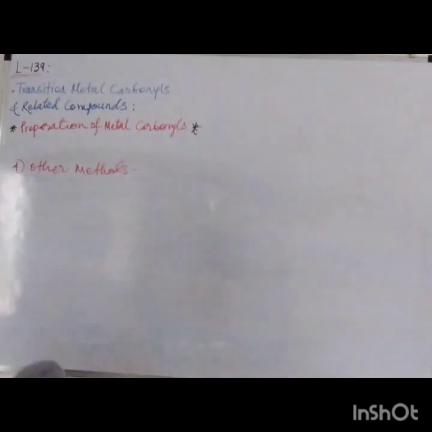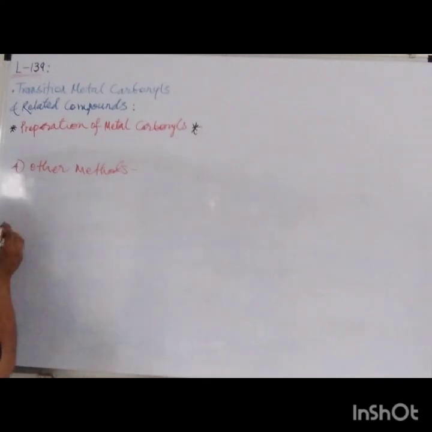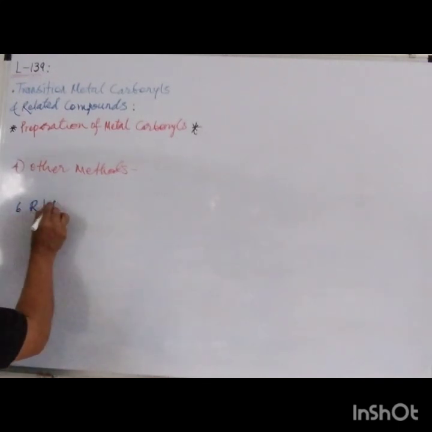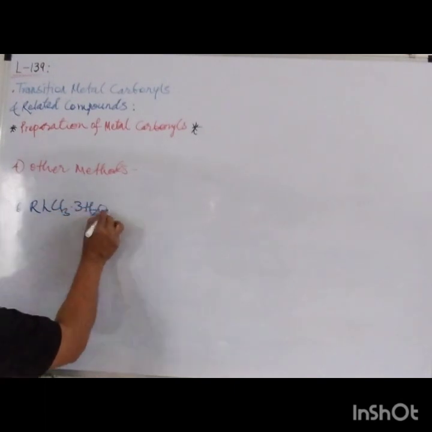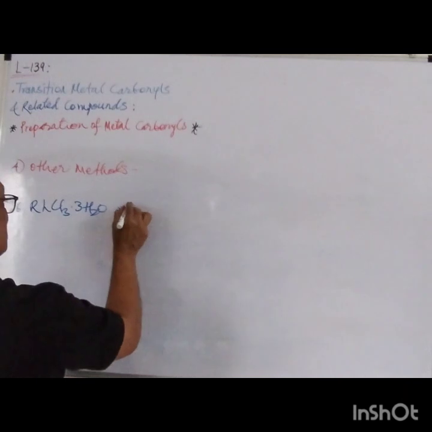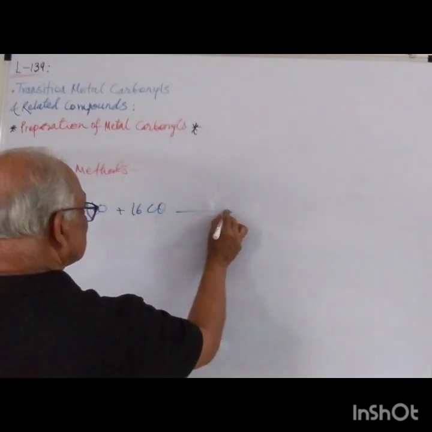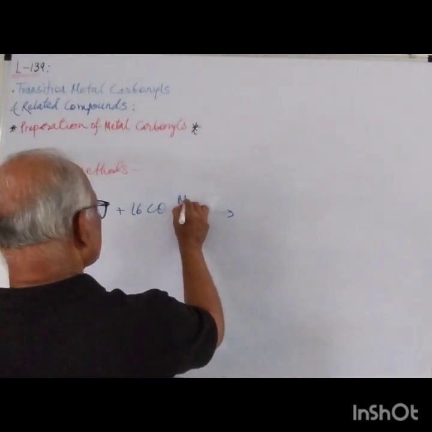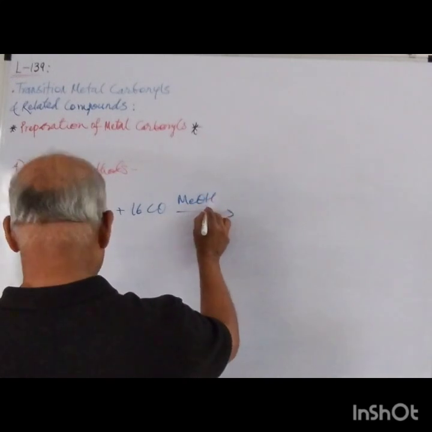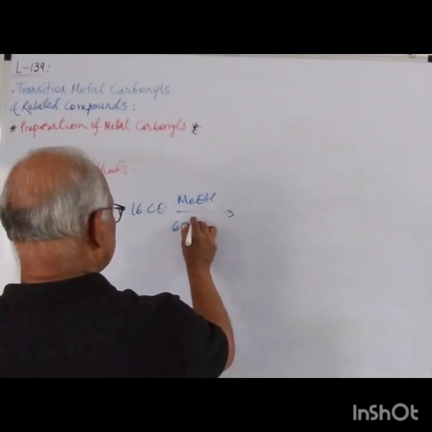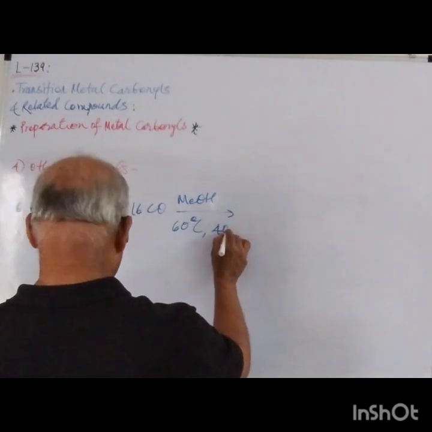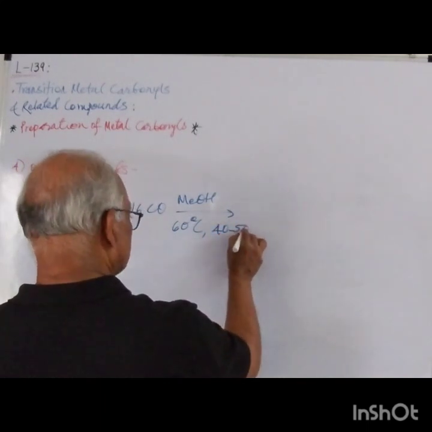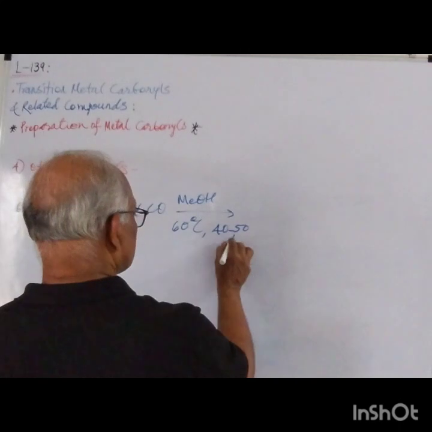This next reaction: 6 RhCl3·3H2O plus 16 CO under the conditions of MOH, 60 degrees centigrade, 40 to 50 atmosphere pressure.